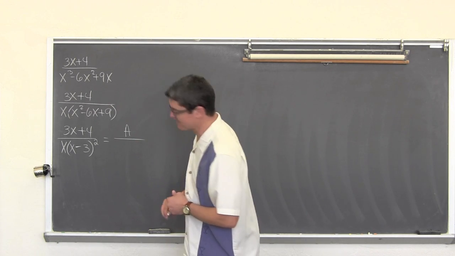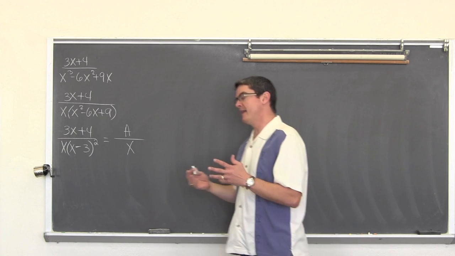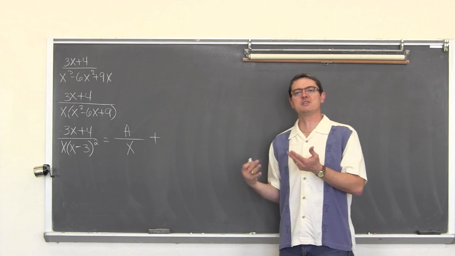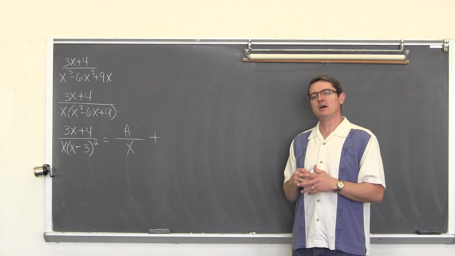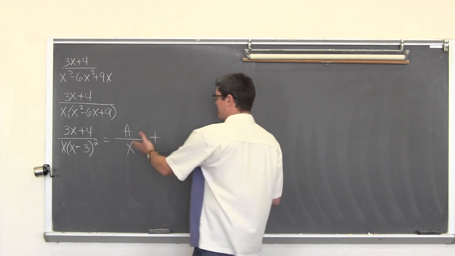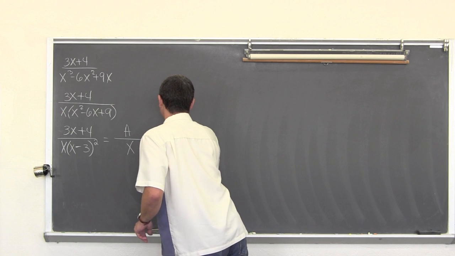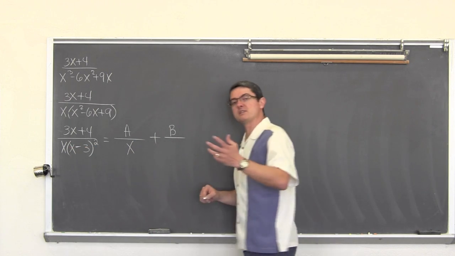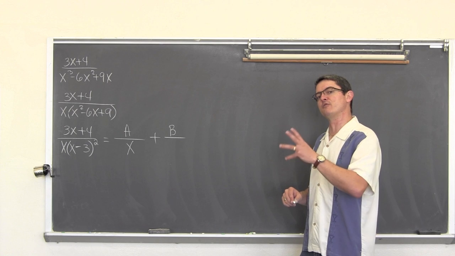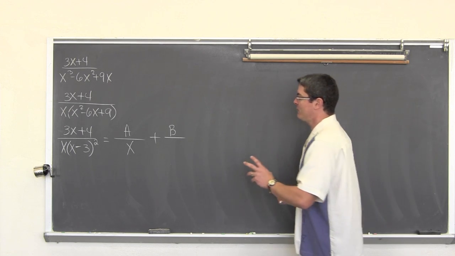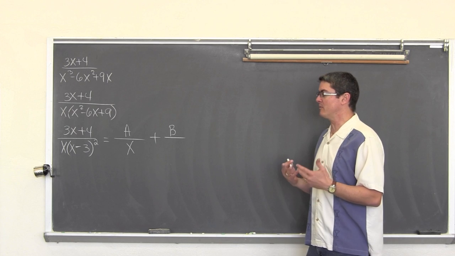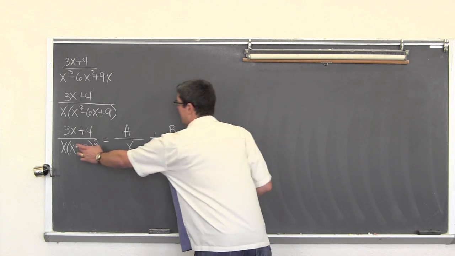And then plus, now I know the formula I showed you was a sub 1, a sub 2, a sub 3, those different subscripts indicating different constants, but that's hard to say over and over again, so I'm going to just put b over, now what I said was the denominator was ax plus b to the n, and the first denominator of this linear factor that repeats is simply write down that factor.